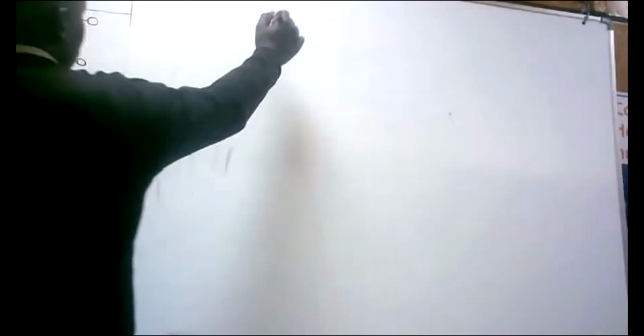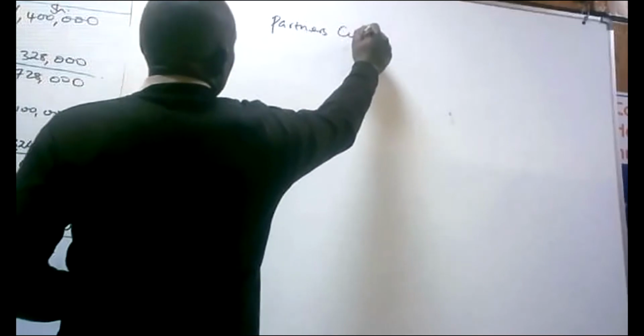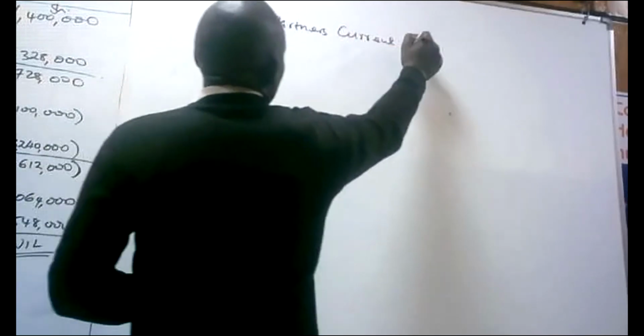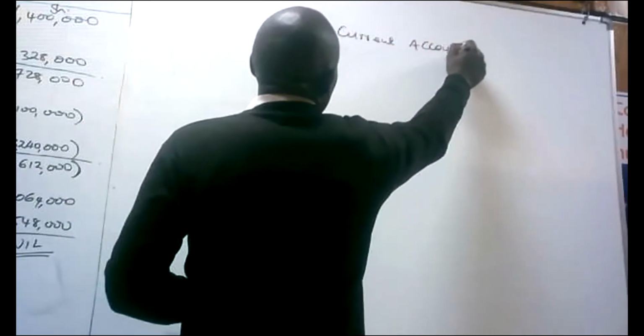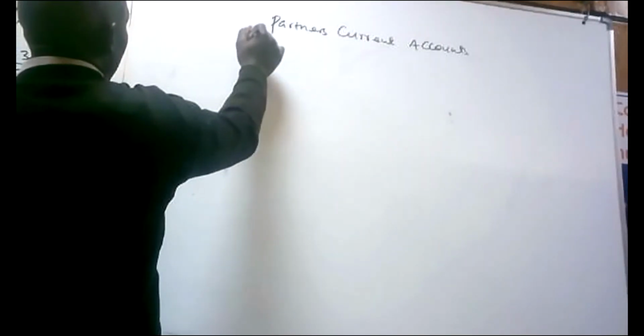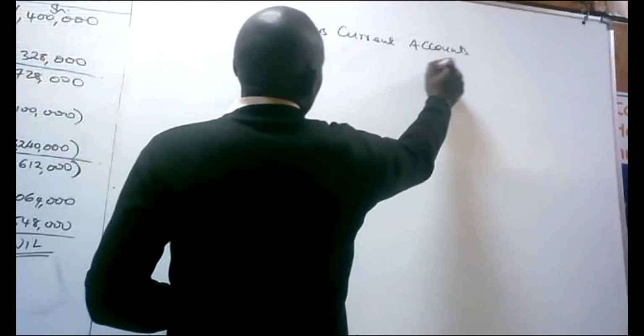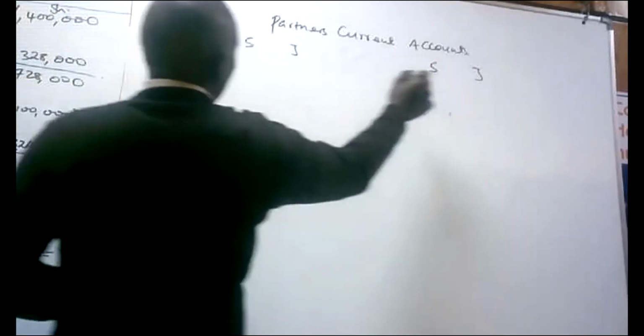So here we shall say partners current account. We have got Salim, Job.